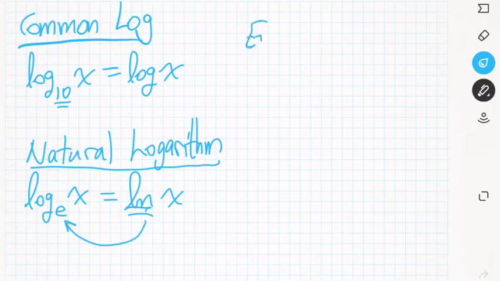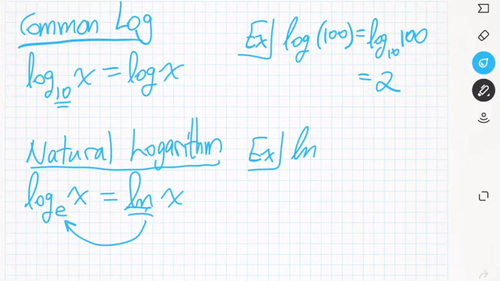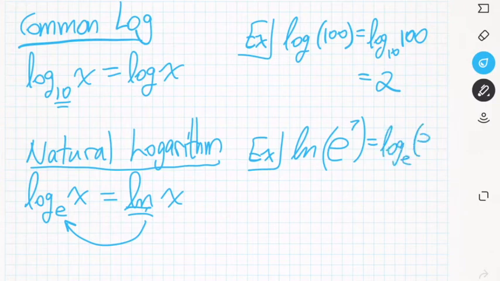So if you see ln, then you know the base of the logarithm is e. So for example, if you're trying to evaluate the log of 100, then this is the same thing as log base 10 of 100. So what power do you raise 10 to get to 100? Well, the answer is 2. 10 squared is 100. And also, if you have ln of e to the 7th, then this becomes log base e of e to the 7th.